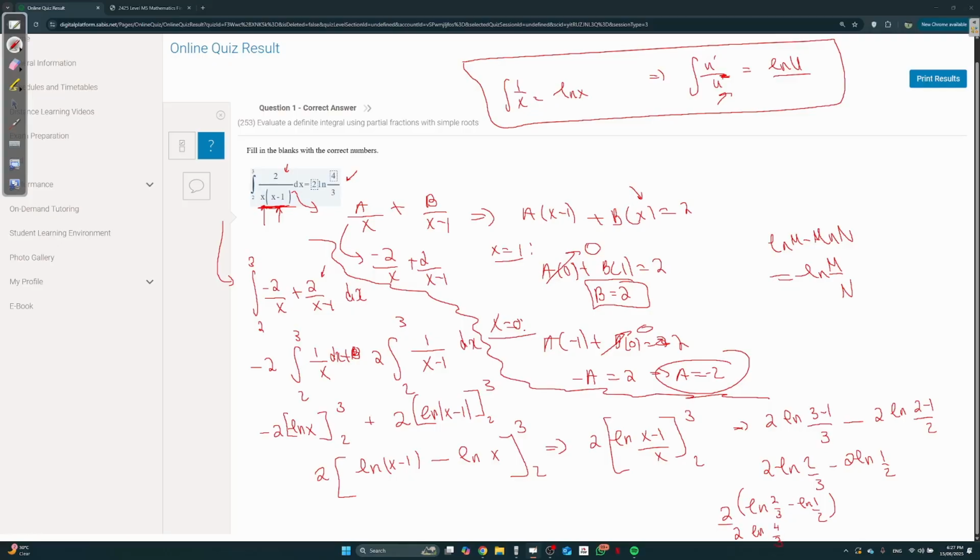So it becomes 2 ln 4 over 3. Now, I think the complex part is just the simplification. You guys haven't done integrals in a very long time, so I think it's going to be a bit tricky. So please remember these rules. They are very important if you want to move forward.